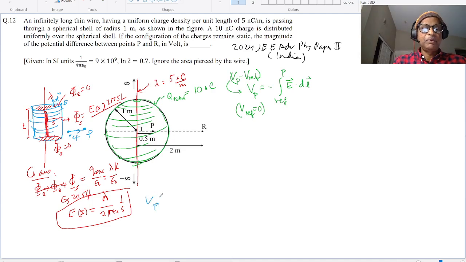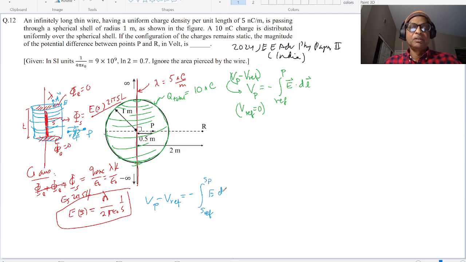So V at P minus V at reference will just be minus the integral of E, going in the same direction as the electric field, ds, from s of the reference, the distance from the wire, to the location s of P. And it's just going to be minus lambda over 2 pi epsilon naught log of s of P over s of reference.